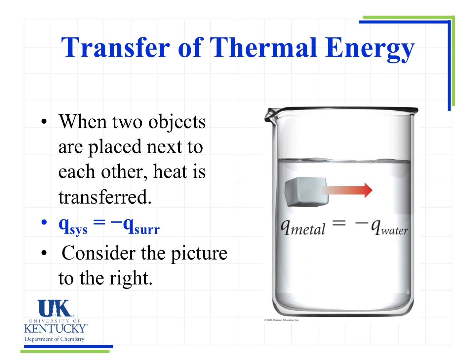But since the total amount of energy of the universe is constant, we can apply that to the thermal energy as well, so the Q of the system is equal to the negative of the Q of the surrounding.